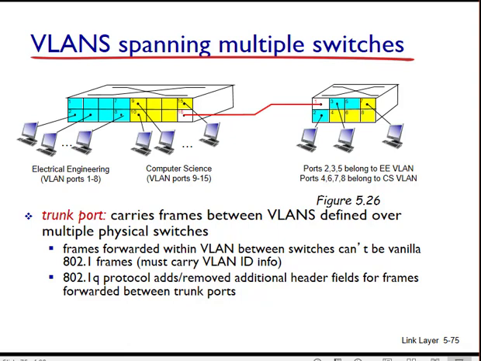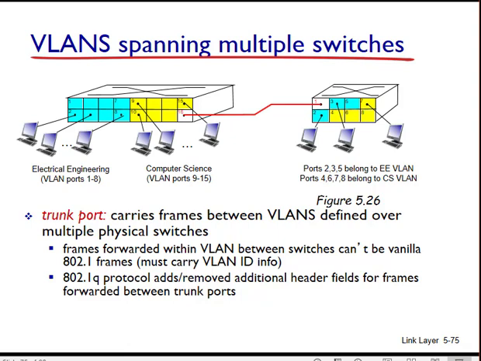The trunk port belongs to all VLANs, and frames sent to any VLAN are forwarded over the trunk link to the other switch. But this raises yet another question. How does a switch know that a frame arriving on a trunk port belongs to a particular VLAN?